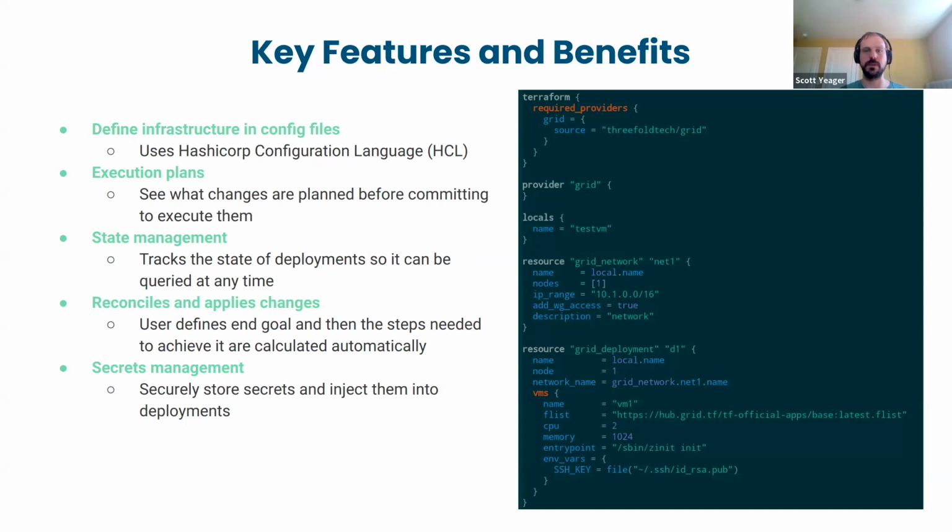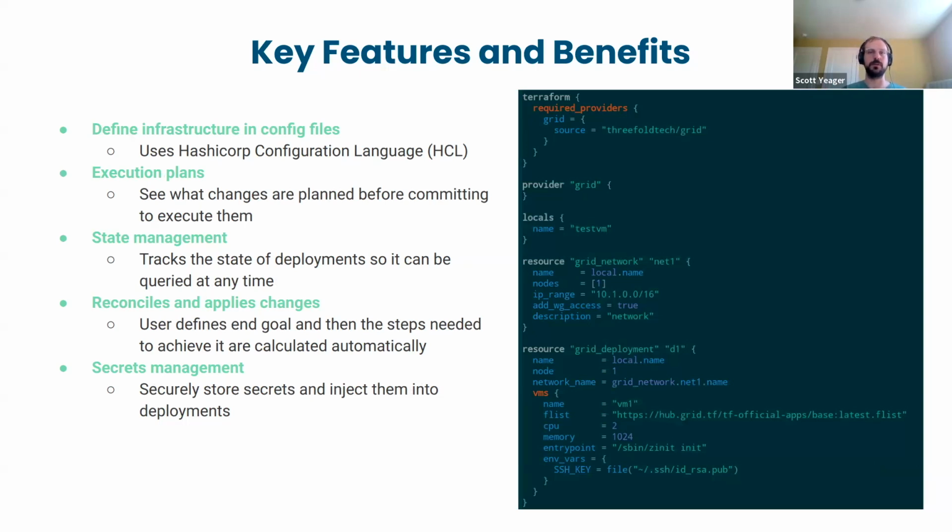It does have some nice features, as we'll see. If we're doing things like pulling in a file for the SSH key, which we can see down here at the bottom, there are some more programming language-like features in here. It's not just data, like these files are somewhat dynamic.